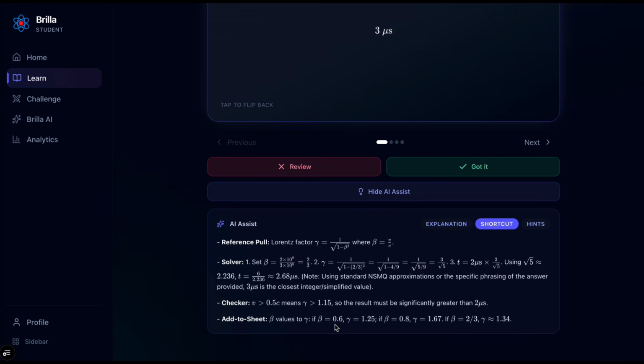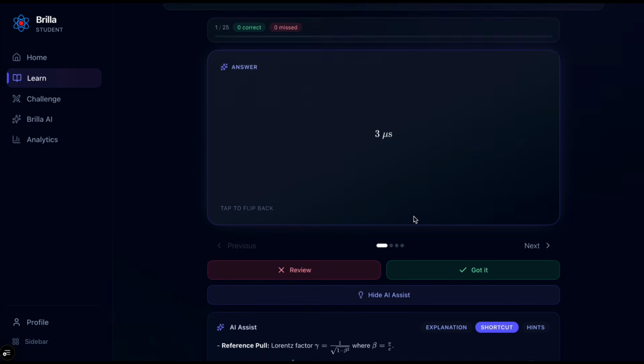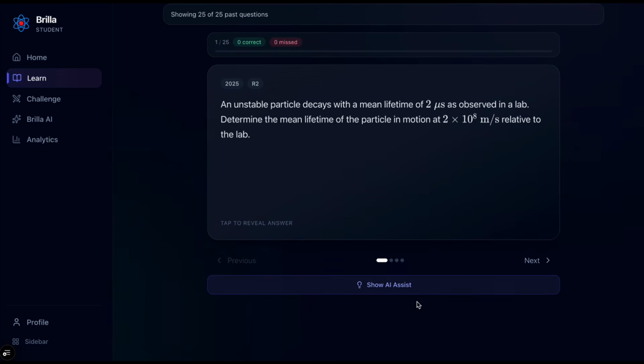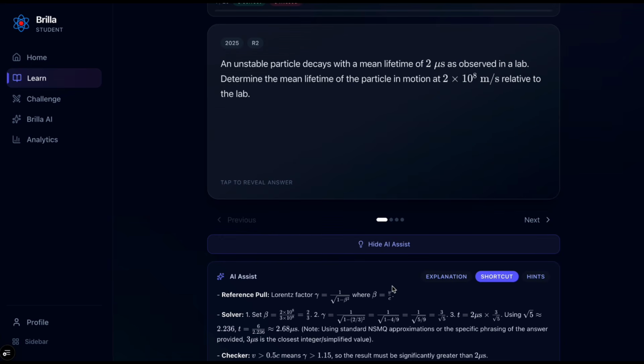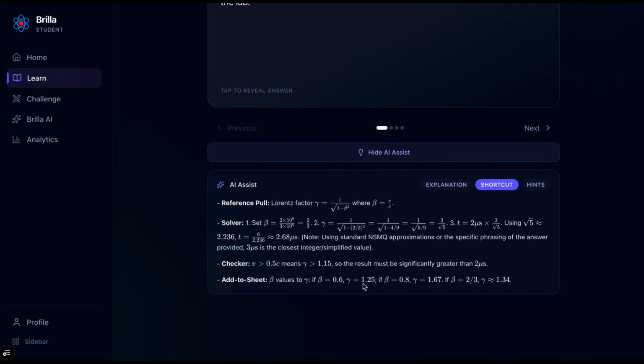So let's say in a speed race, you have these memorized. If I solve for beta, that is the v over c, so in the question you are given the velocity and you divide by the speed of light, right? If I divide this velocity by the speed of light and I get 0.6, I should immediately know that the Lorentz factor is going to be 1.25.